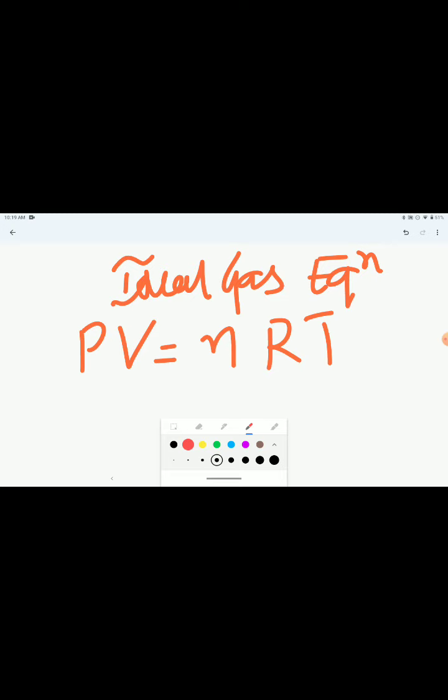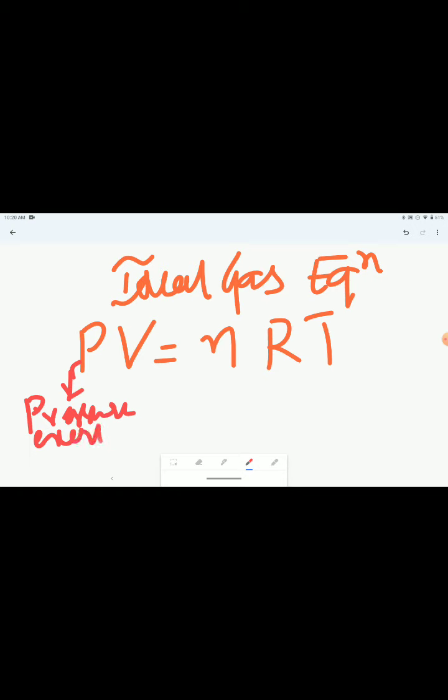Now, PV is equal to nRT. Here, what is P? This is the pressure exerted by the gas. Suppose let's take a container and fill it.